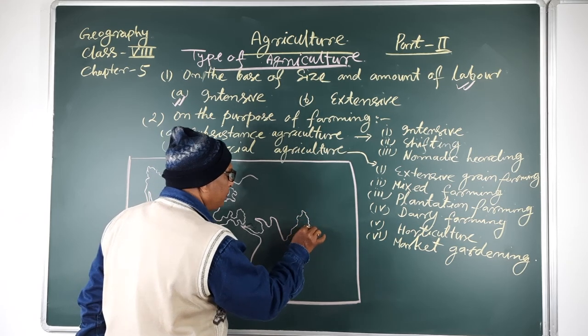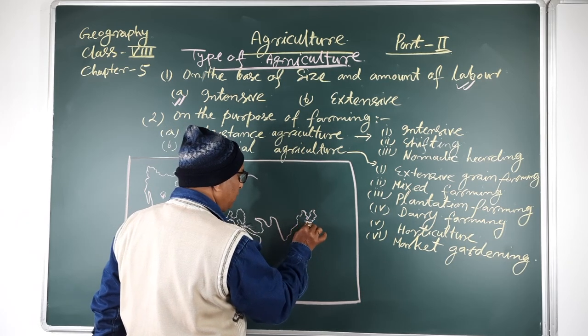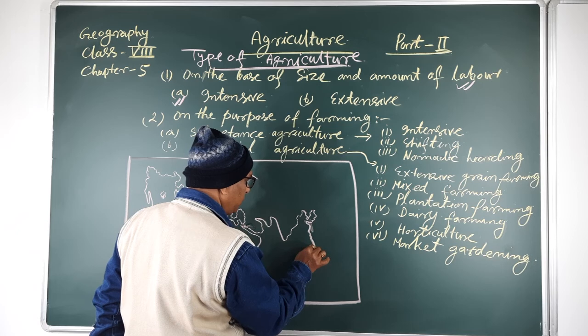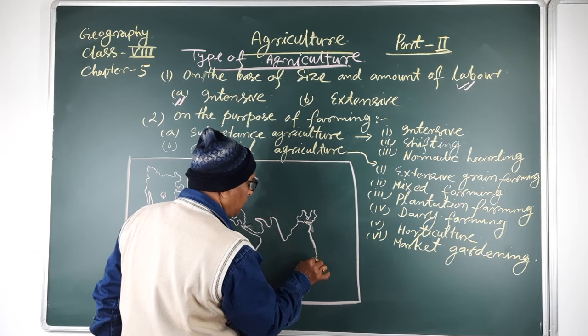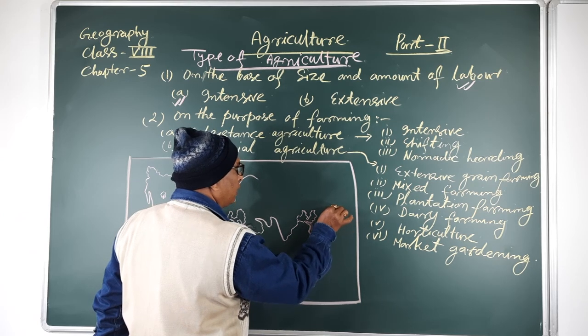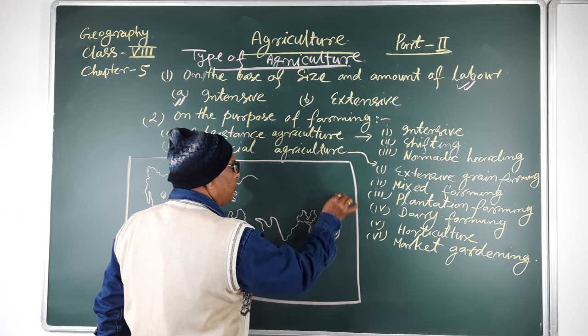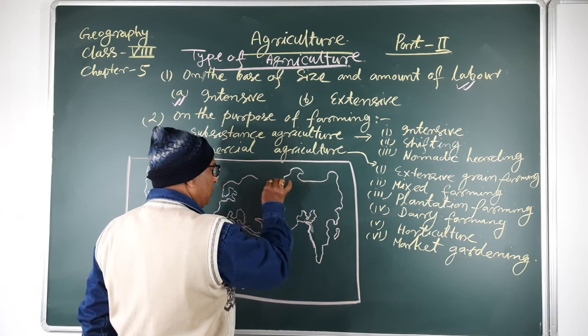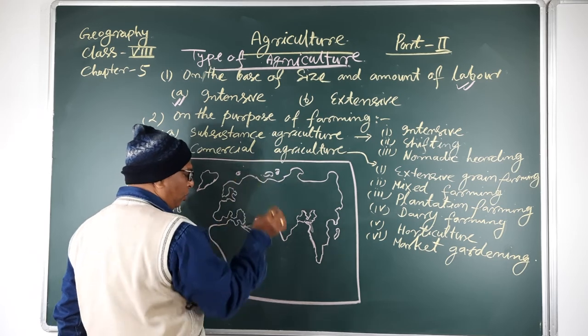Then parts of India here, and Myanmar, Bangladesh located here. Then here Japan, Korea, here is Japan, the Korean belt, and so many island groups.